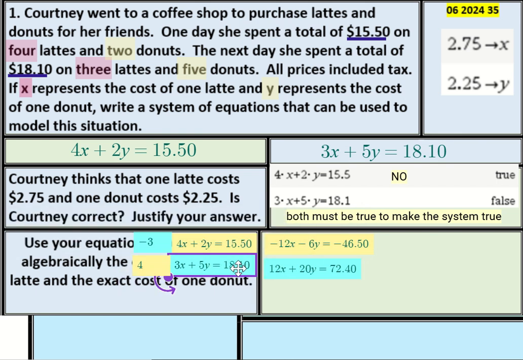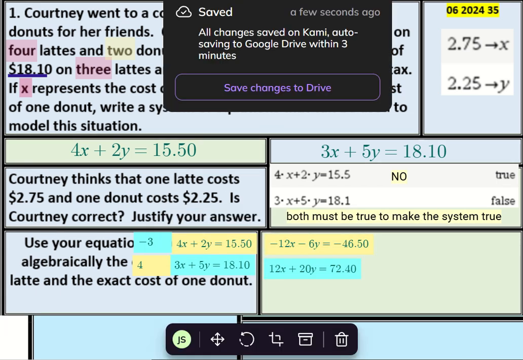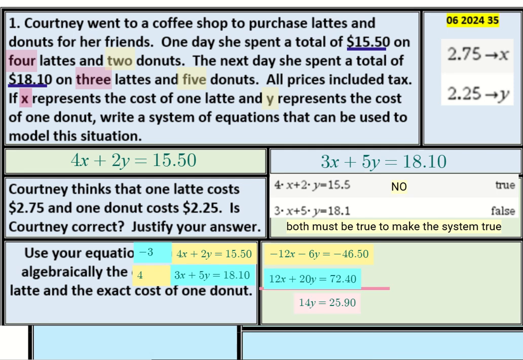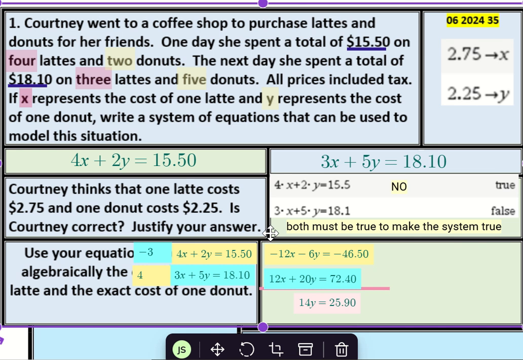And 4 times 1810 is 7240. Now I can bring in my line and combine like terms. And notice what my goal was happened. Negative 12x and 12x cancel each other out, and I get 14y is 2590.